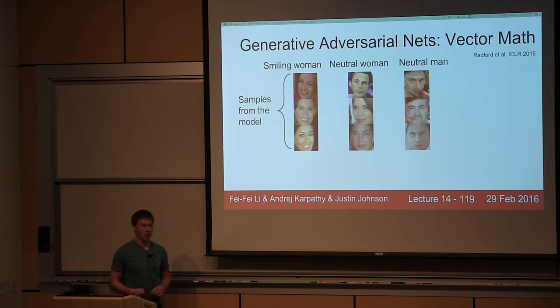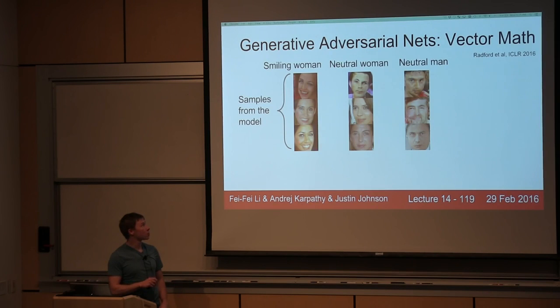Another cool experiment they have in this paper is using vector math to play around with the type of things that these networks generate. Here the idea is that they generated a whole bunch of random samples from the noise distribution, then pushed them all through the generator. Then, using their own human intelligence, they made some semantic judgments about what those random samples looked like, and grouped them into a couple of meaningful semantic categories.